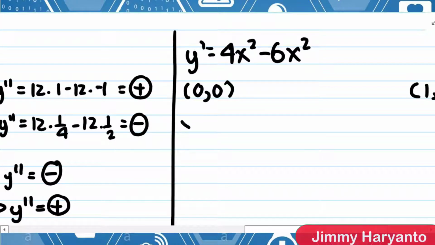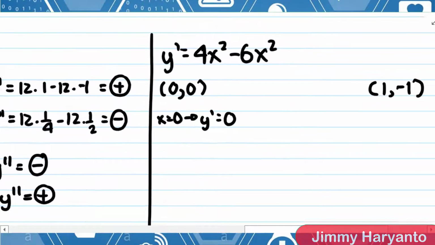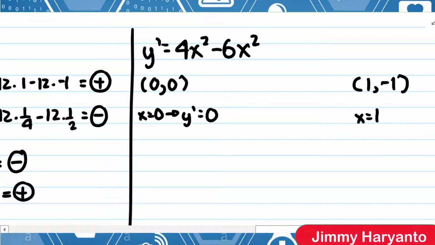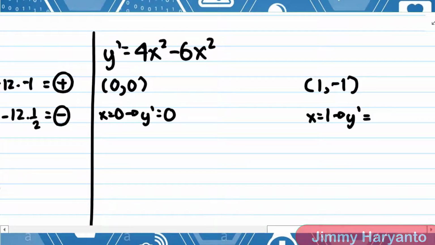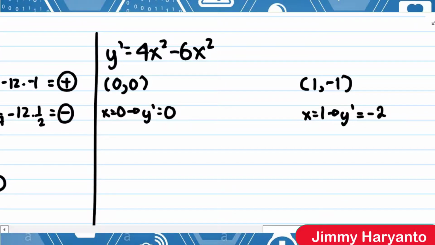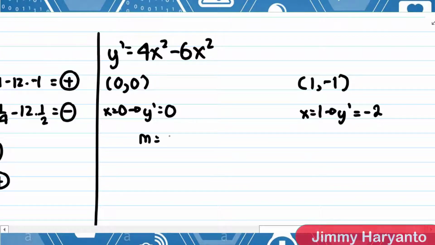When x equals 0, the value of y-accent will be 0 also. And when x equals 1, the value of y-accent will be -2. So the gradient will be 0 for this one, and the gradient -2 for that one.